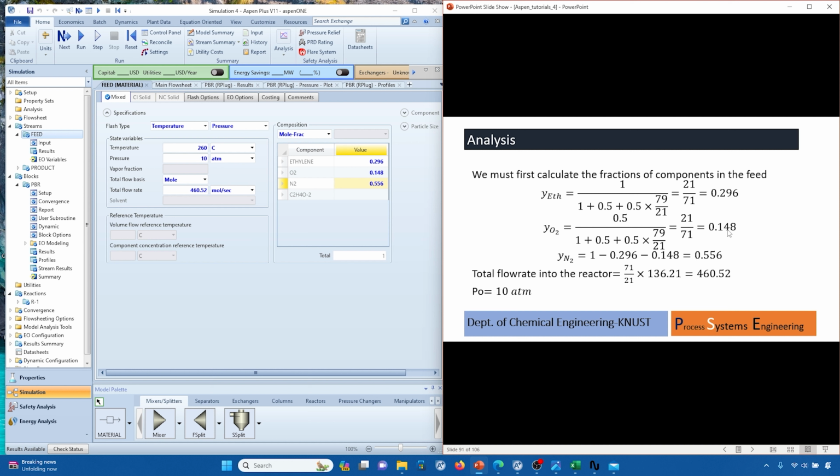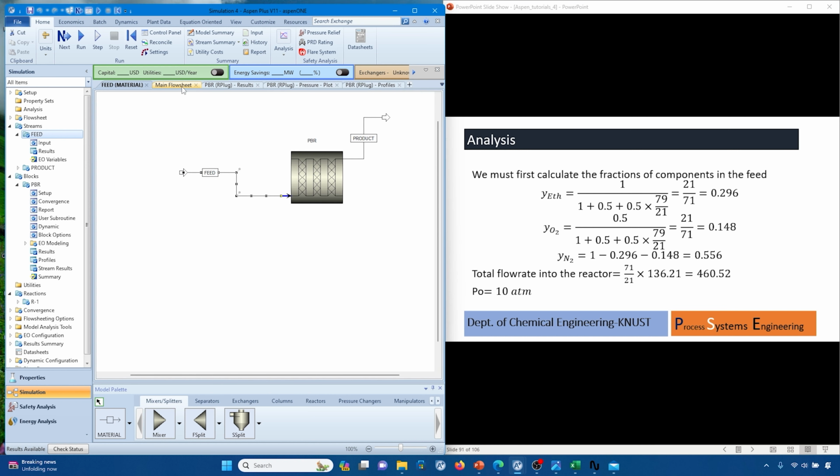So we can do the same for oxygen, and then the difference represents nitrogen. And based on that, we're able to estimate the total flow rate of the stream. So that is done here. We have the total pressure as well. So based on that, we're able to specify everything.